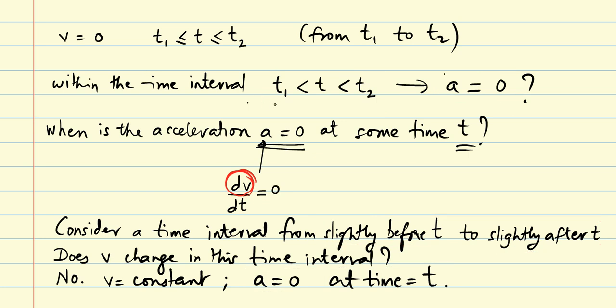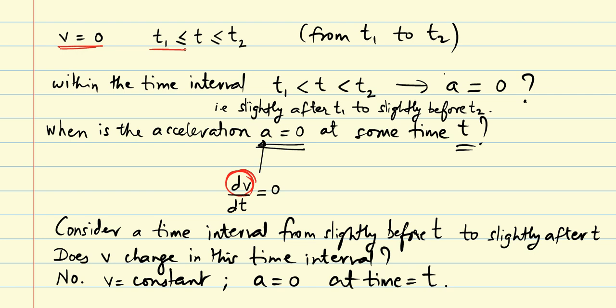So let's again recall that our time interval starts slightly after t1 and ends slightly before t2, and that's because of the absence of the equality signs. We also recall that the particle's velocity is always equal to 0 in the entire time interval which begins at t1 and ends at t2, including time t1 and including time t2.